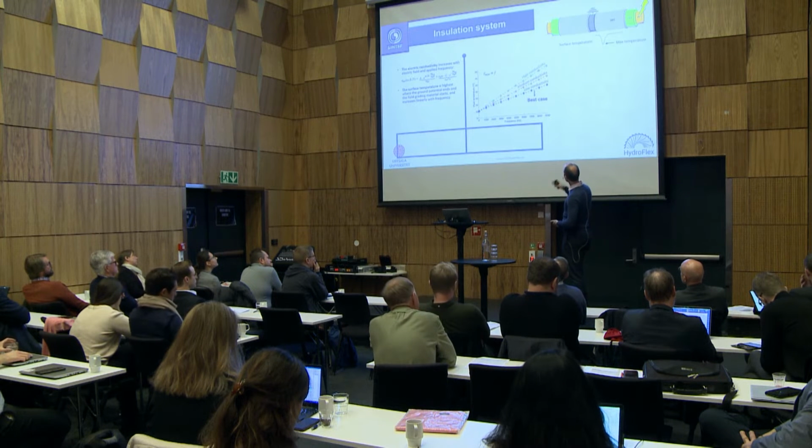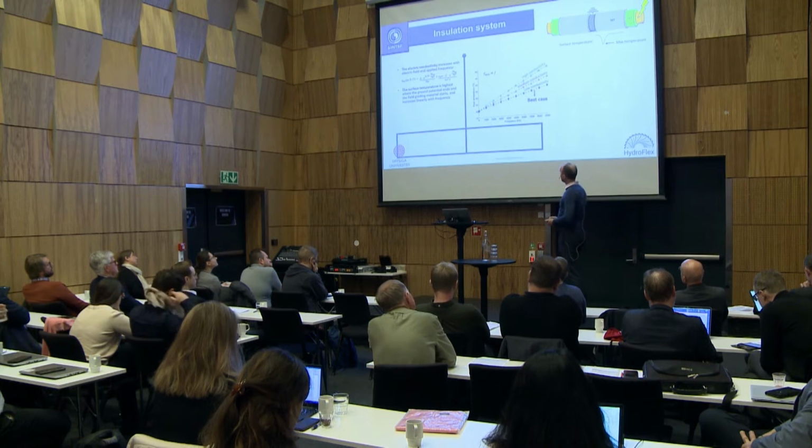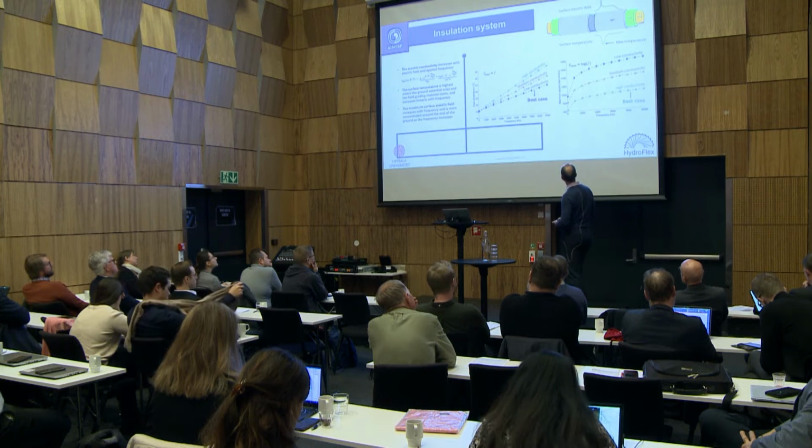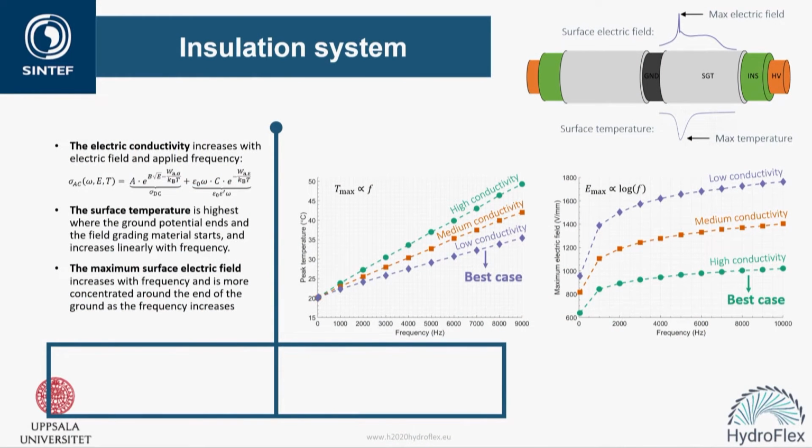High conductivity and high temperature is not so good. But if you do have low conductivity, you pay a price with the electrical field. The blue, the best case in temperature, becomes the highest field stress around the material. So you have higher field strength, and then more likelihood of these discharges, the corona discharges. So for the field, the best case is the high conductivity tape. So again, it is an engineering compromise between two aspects that you have to care about.